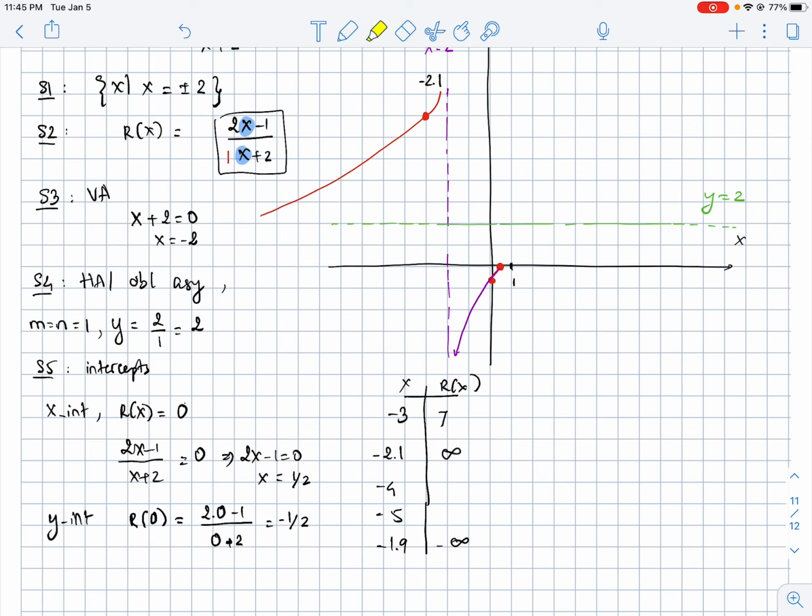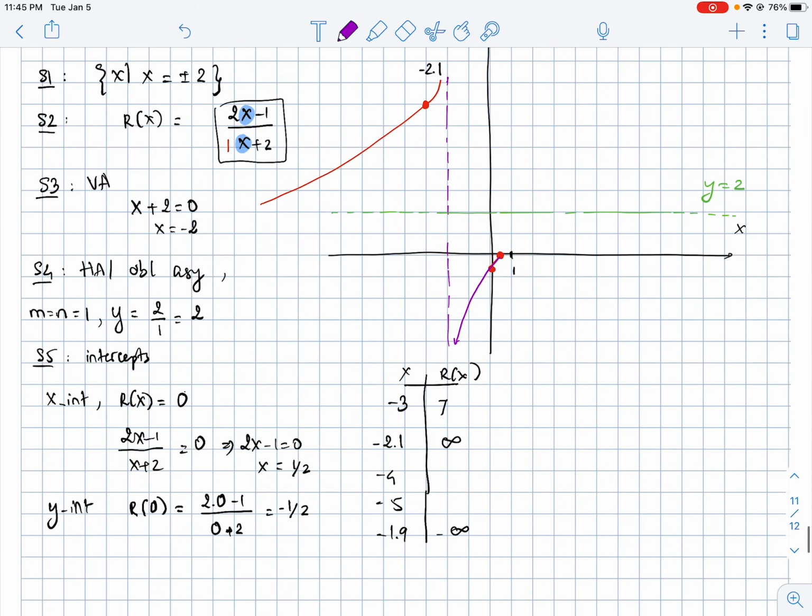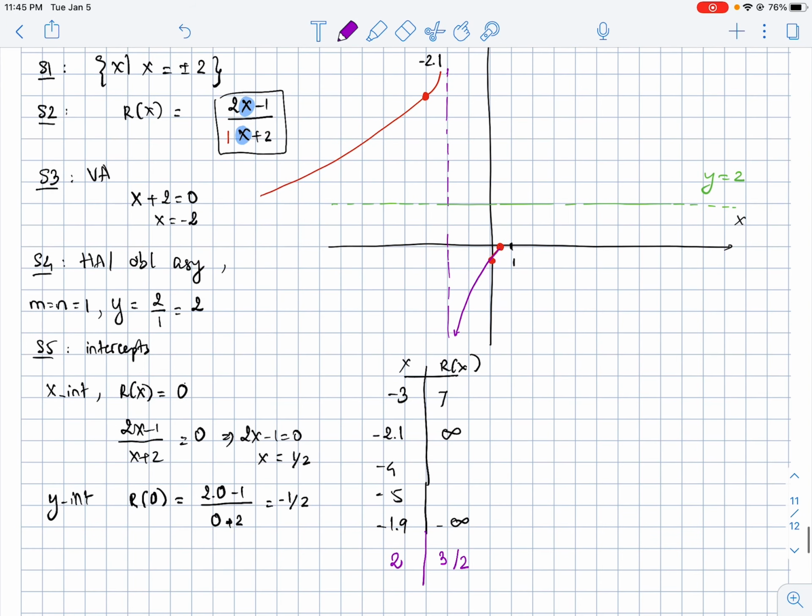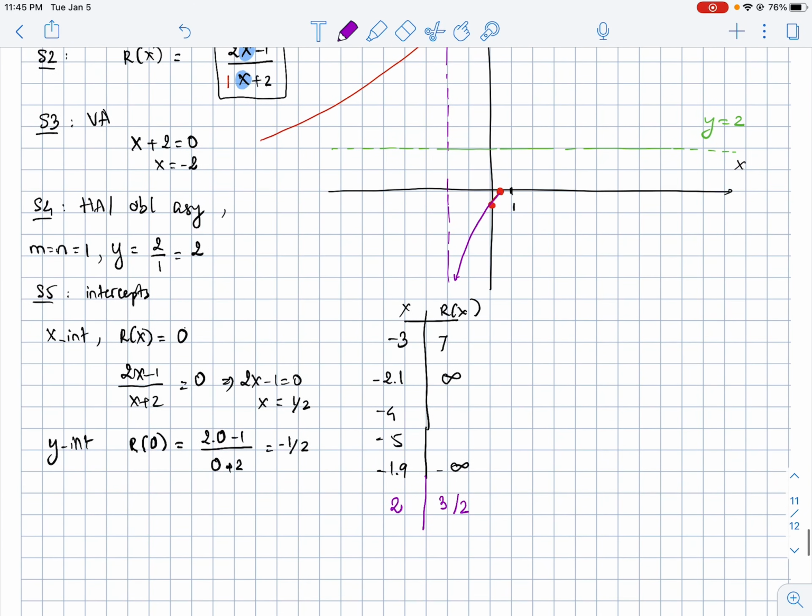And then we will make the points from the right side of the x-intercept. We will make x equal to 2. So when we make 2, we will get 3/4, which is 0.75. So the point is 2, 0.75. We can make 3, we can make more. So we have 2 times 3 minus 1 divided by 3 plus 2. Then we got 6 minus 1 is 5 over 5.